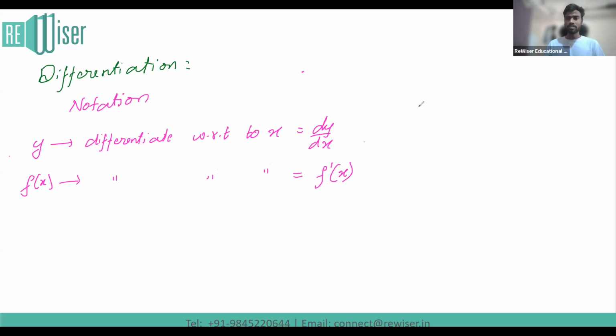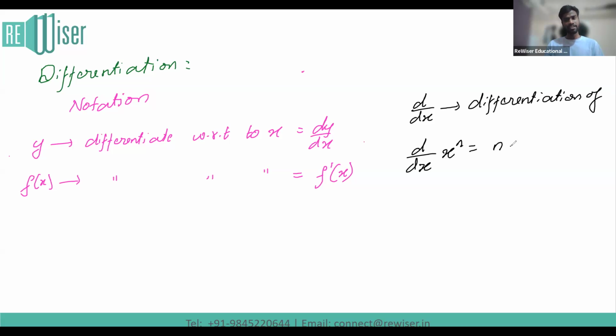We call d by dx the differentiation of. So d by dx of x power n, the derivative of x power n, is going to be n times x to the power of n minus 1. And the derivative of just a constant alone is always 0.